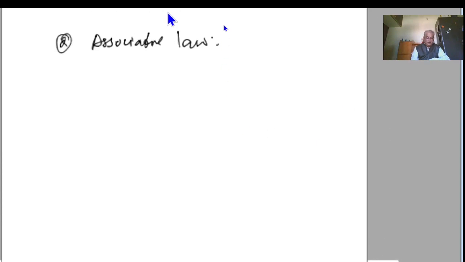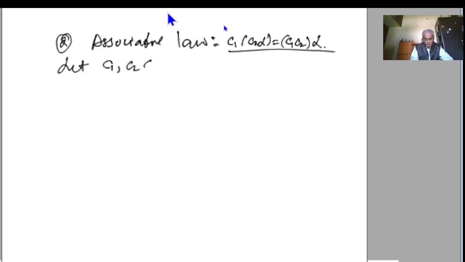It is c1 into c2 alpha equals c1 c2 into alpha. So here let c1, c2 belong to R and alpha belong to V. Now consider c1 into c2 alpha.